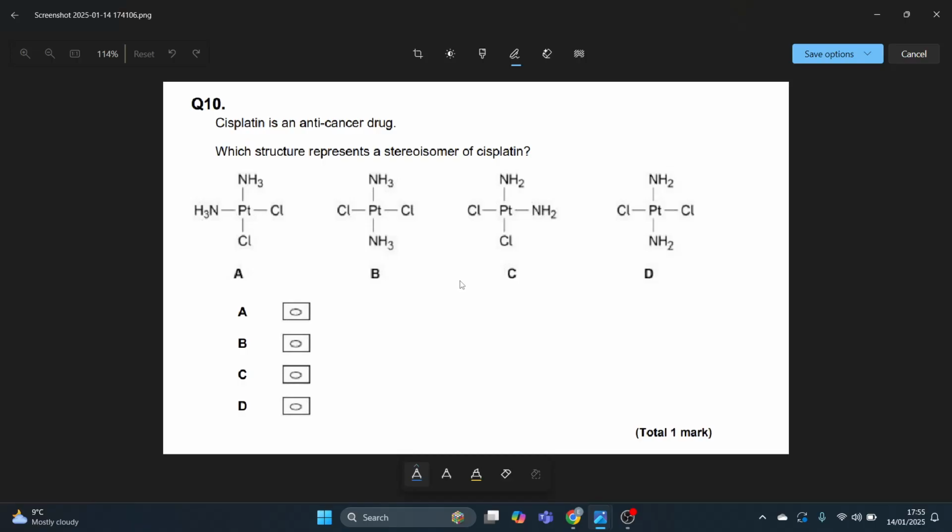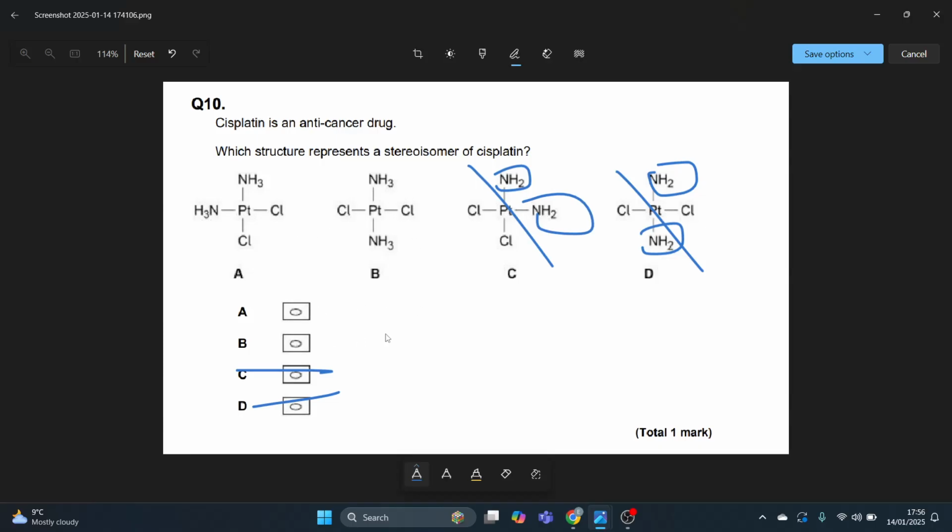In cisplatin, the chlorines are next to each other. This is actually a really nice question, because I can already eliminate C and D. NH2, NH2, NH2. No, it's NH3. Now I'm left with A and B.